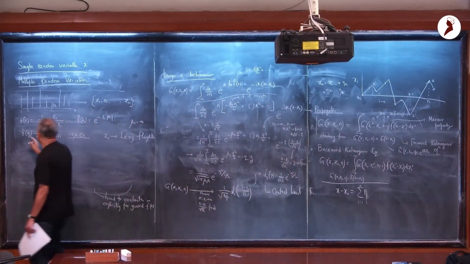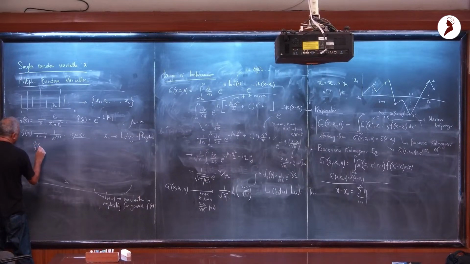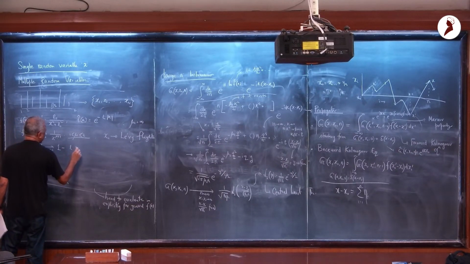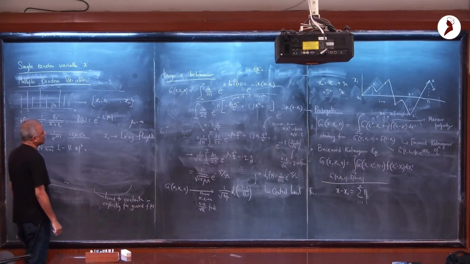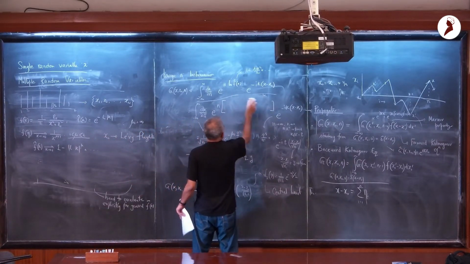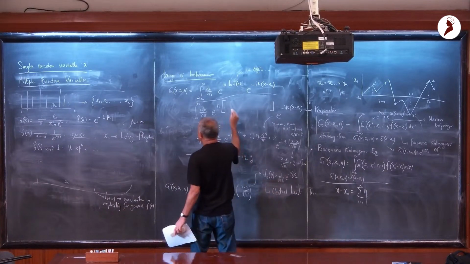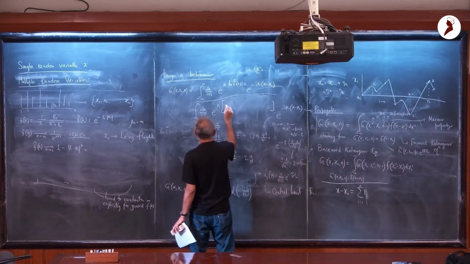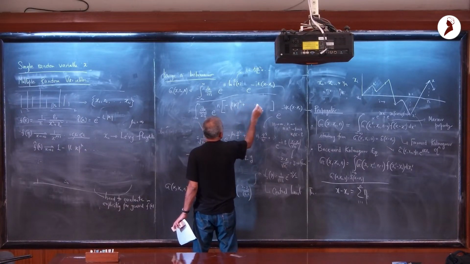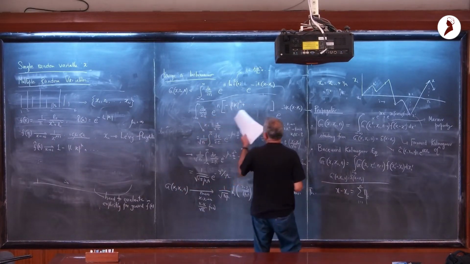But now you see that I said before that f hat k for small k in such cases goes like 1 minus some constant times k to the power mod mu. So therefore, all I have to do is take a log of that, so it will be minus L mod k, plus again some higher order terms, and then I have to take a Fourier transform of that.